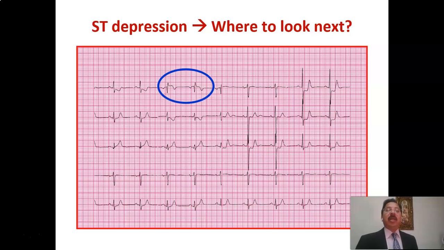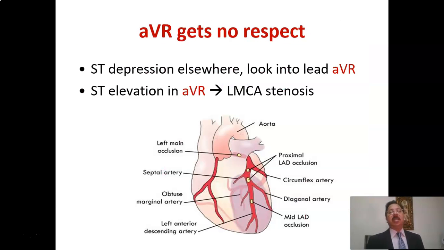So ST segment elevation in aVR in presence of ST segment depression elsewhere in the ECG is significant. We usually don't give too much focus to the aVR, and aVR gets no respect. So ST segment depression elsewhere, look into the lead aVR.